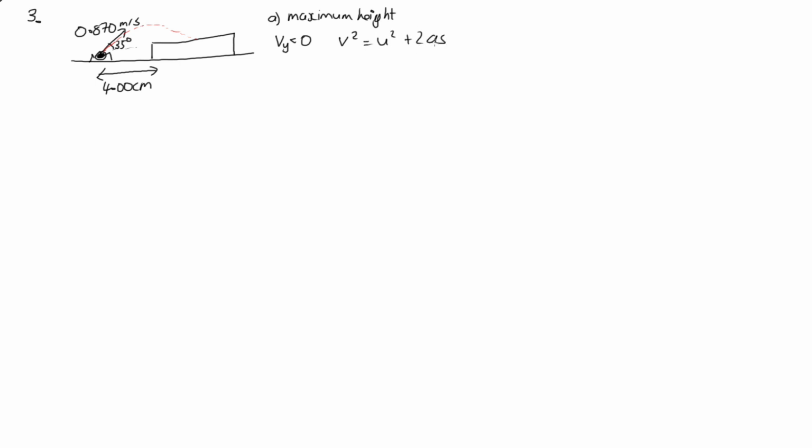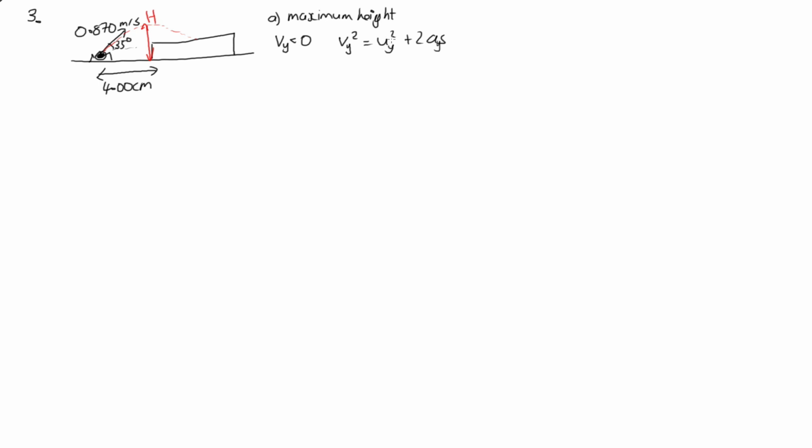I've chosen this one because we know about the final velocity, we know about the initial velocity, we can work out the y component of that, and s is the displacement, so that's going to be the maximum height in this case. So the maximum height is here, h, which isn't necessarily aligned with the magazines. We'll be finding out where it is later. And ay, we know that's the acceleration due to gravity.